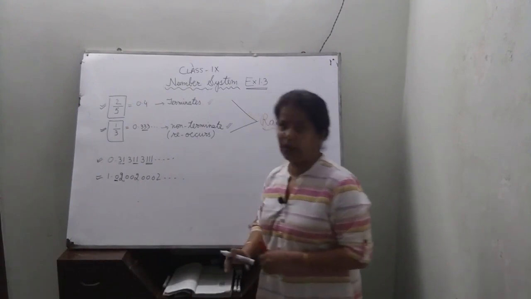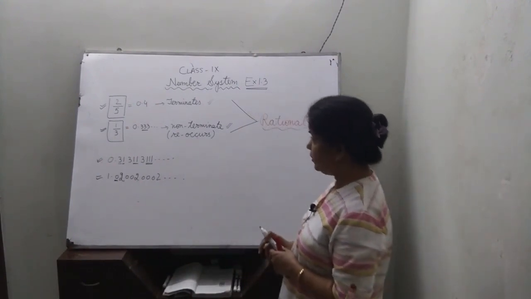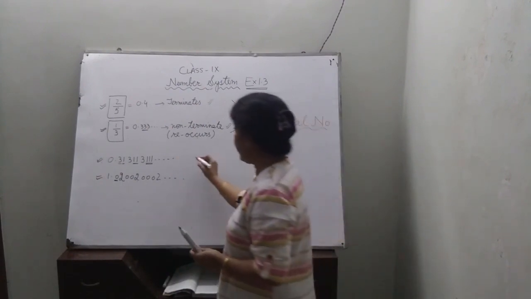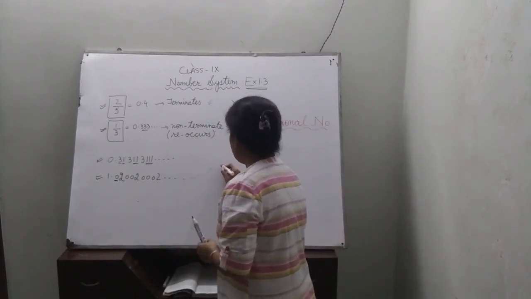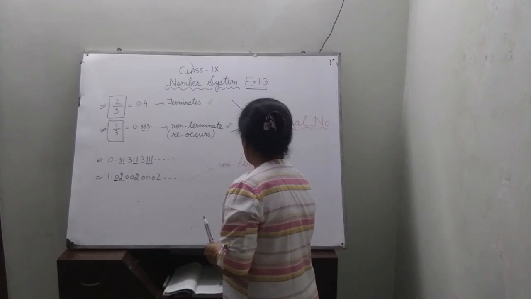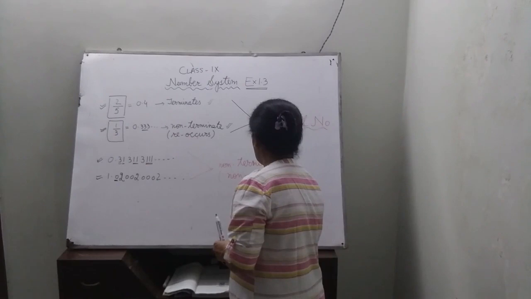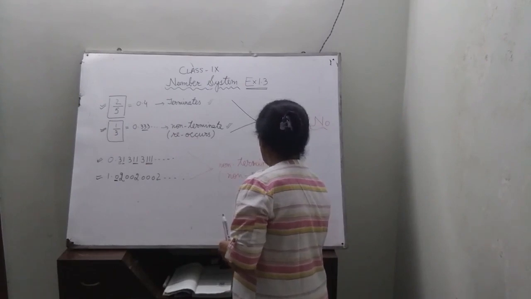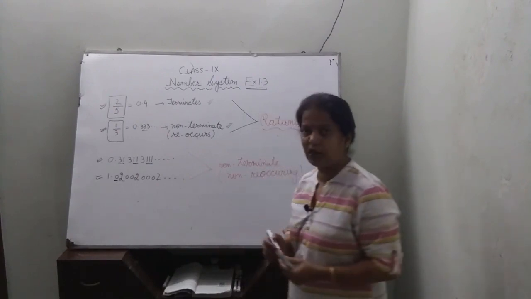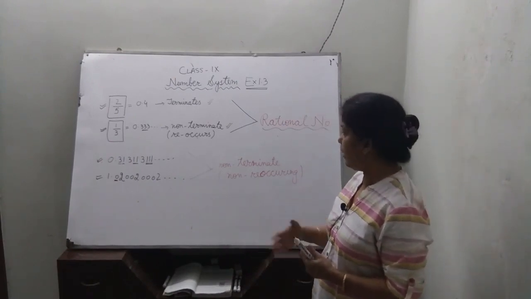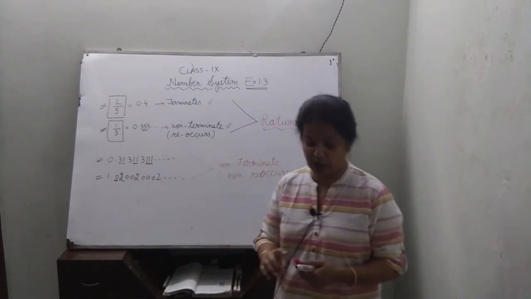So these types of numbers, where the decimal expansion does not terminate and is non-recurring, हमारा जो डेसिमल है ना तो वो रेकरिंग हो रहा है, मीन्स रिपीट हो रहा है डेसिमल एक्सपेंशन, और ना ही वो डेसिमल एक्सपेंशन कहीं पे टर्मिनेट हो रहा है.